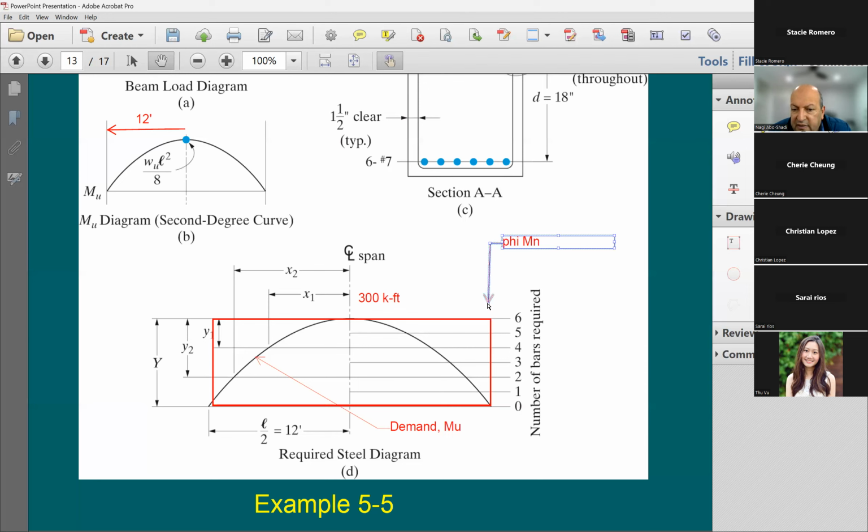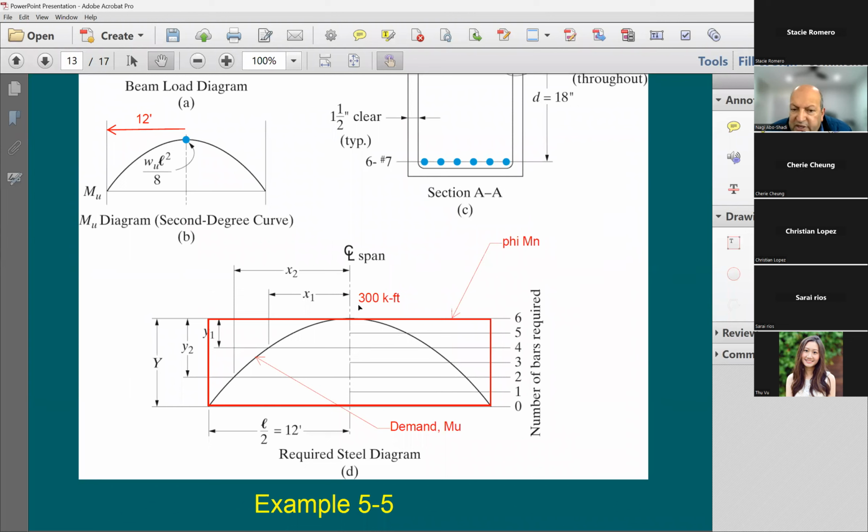So if I kept all the 6 rebars from the beginning to the end, I'm going to have a capacity of 300 kip-feet throughout the entire beam length. And the moment demand is going to be maximum equal to 300 kip-feet at only one point. When you go to this side, it drops down. When you go to this side, it drops down.